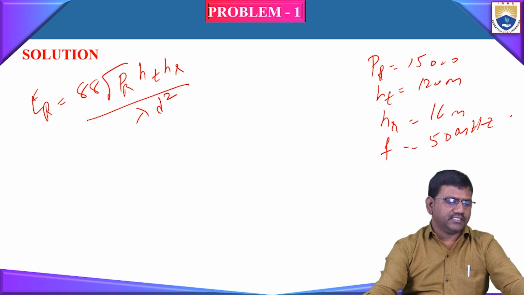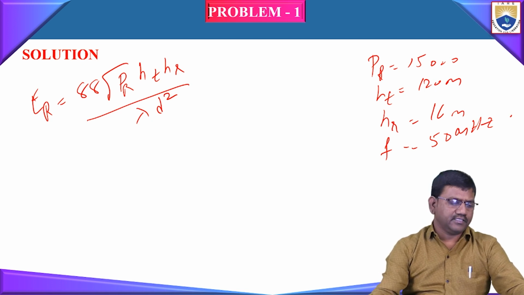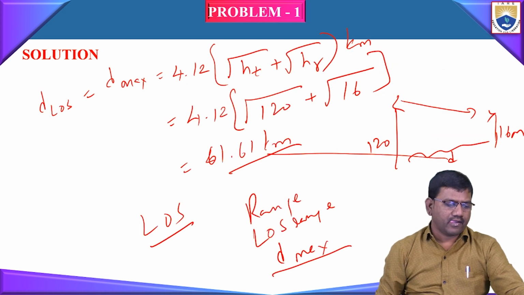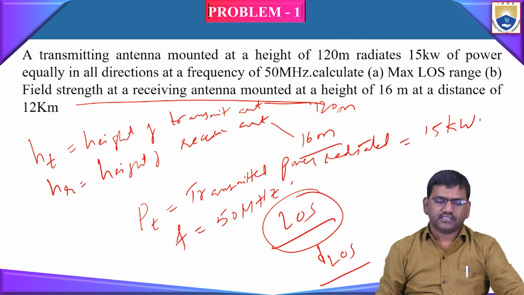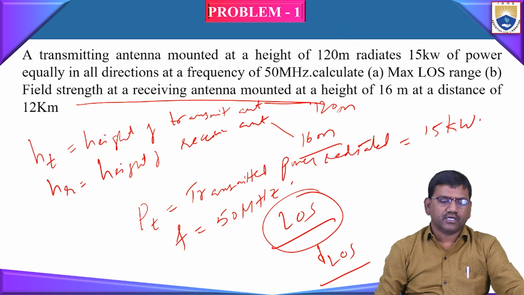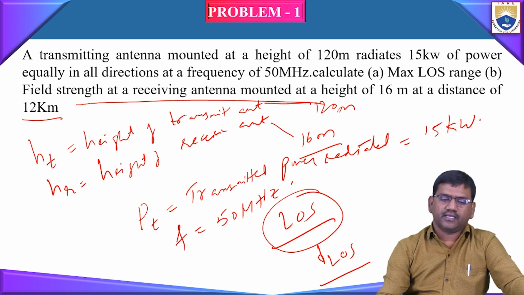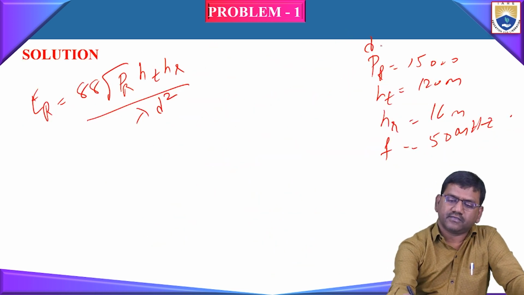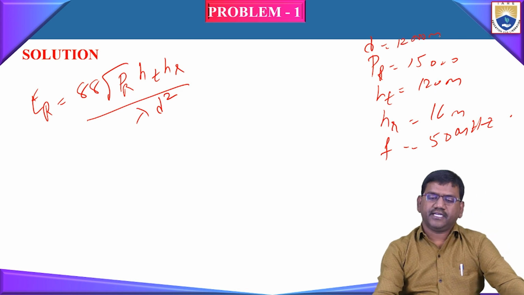And here the distance of propagation, the line of sight distance, is given as 12 kilometers. So the D value is 12,000 meters. This is the data given in the problem.